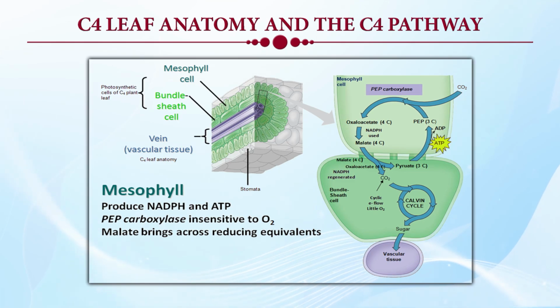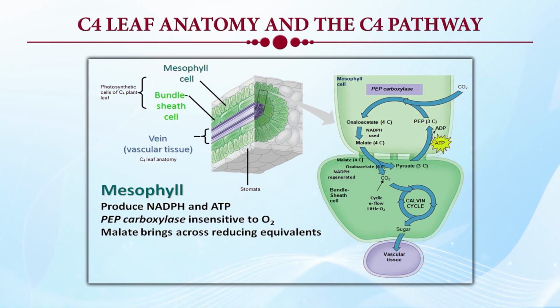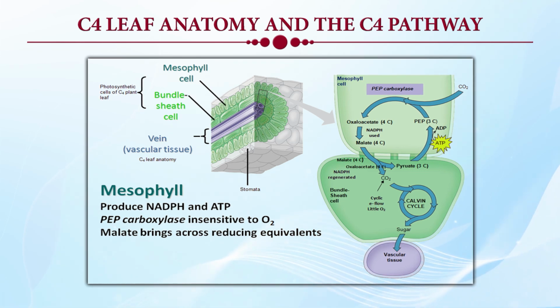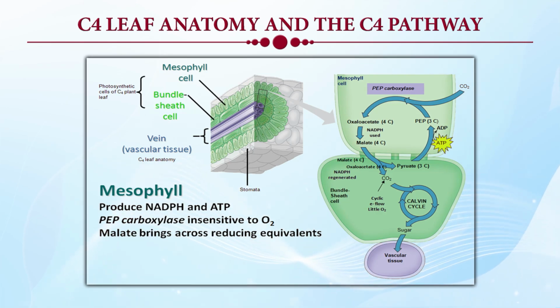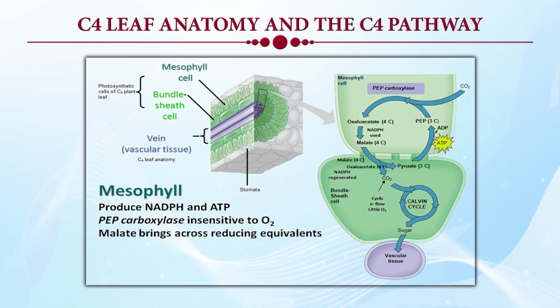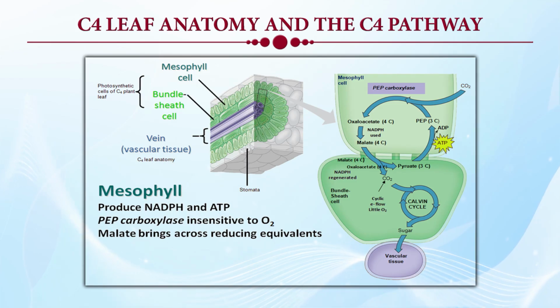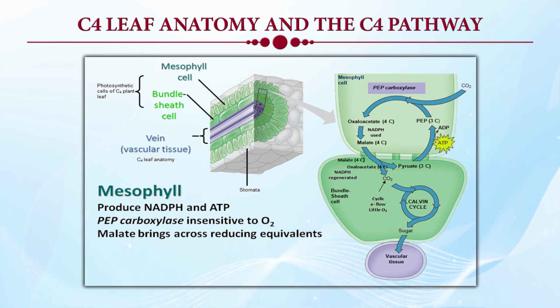And this is how the cycle proceeds. In the mesophyll cells, you have an abundance of PEP carboxylase, and the abundance of Calvin cycle in cells of the bundle sheath. If we were to look at the entire process stepwise, there seem to be 5 distinct stages in the C4 cycle.